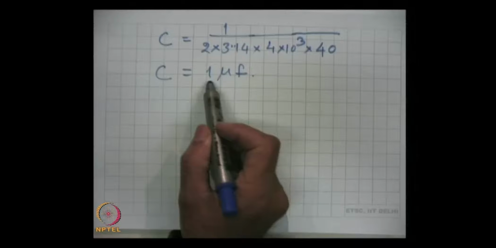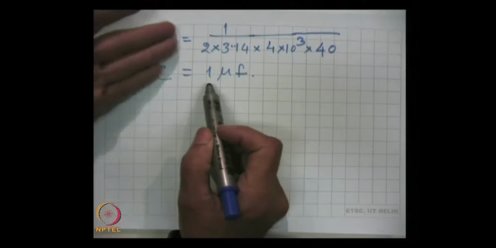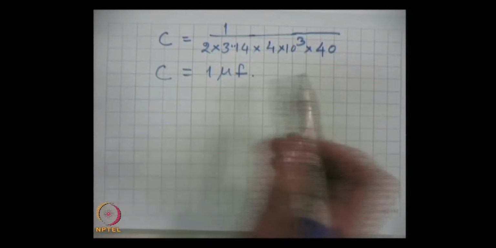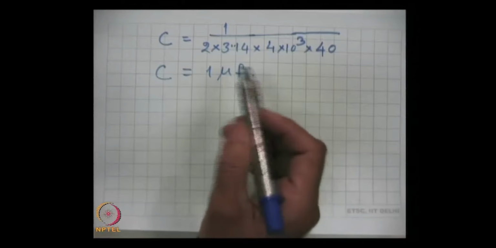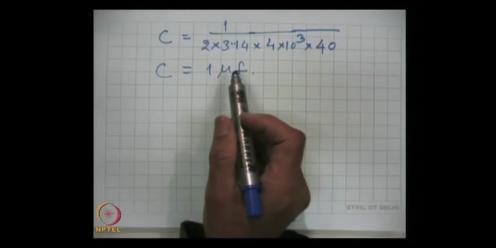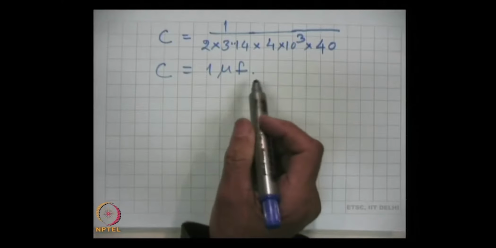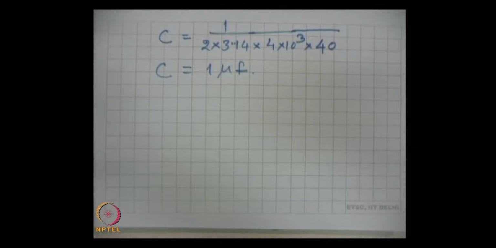Now, if the lower cutoff frequency, which we have taken as 40 hertz, changes to further lower, for example 20 hertz, then the capacitance will be doubled. By the same expression it will come out to be 2 microfarad, and if the frequency increases, for example to 80 hertz, then a 0.5 microfarad capacitance will be enough to couple effectively and give that value.